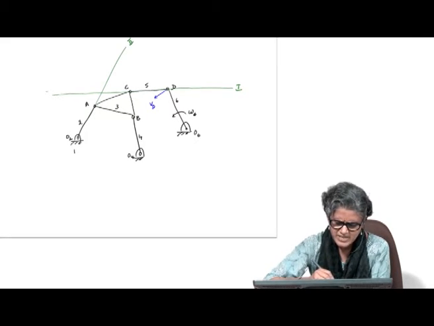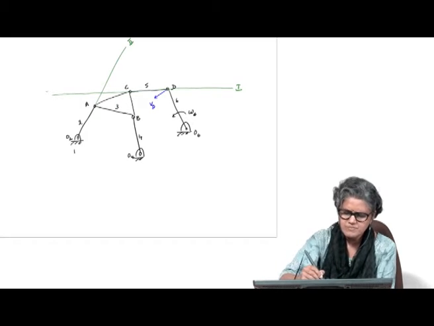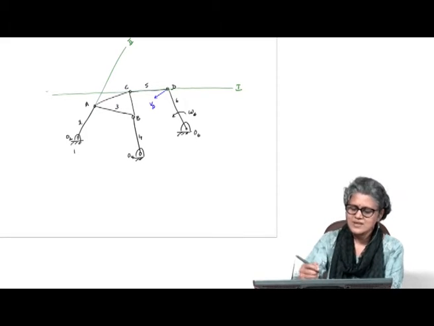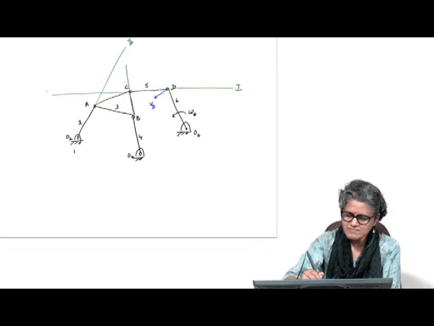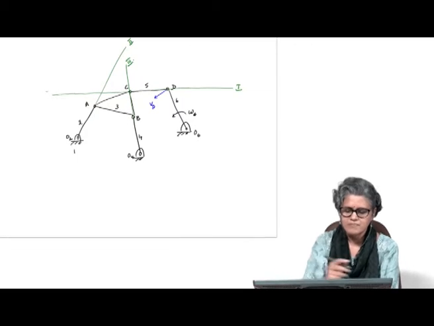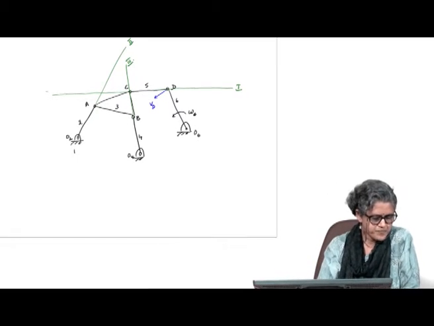So I can take my second auxiliary line through that and the third auxiliary line through this.